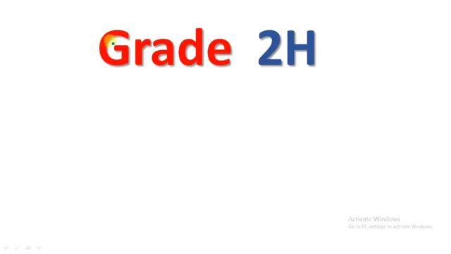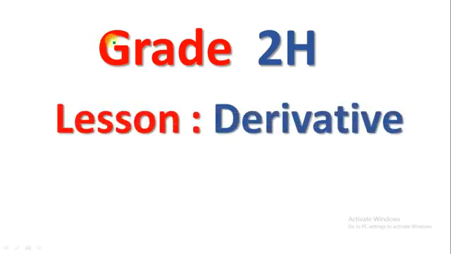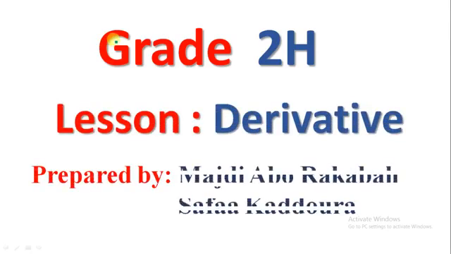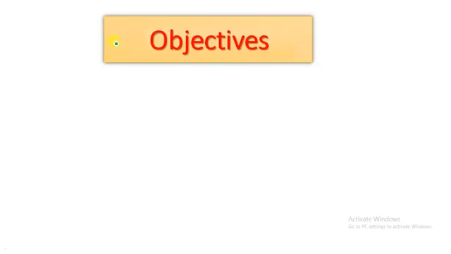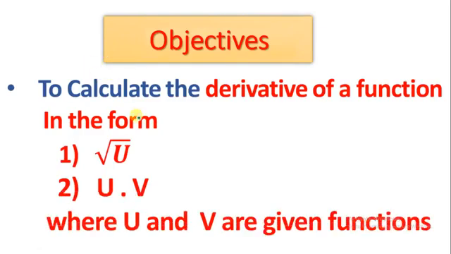Today we will continue our lesson on the derivative of a function. What is our objective in this video? Our objective is to calculate the derivative of a function that has the form either radical u or u times v, where u and v are two given functions.